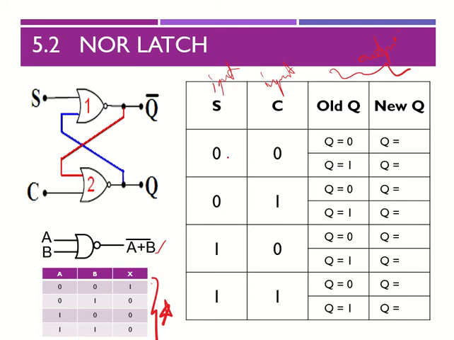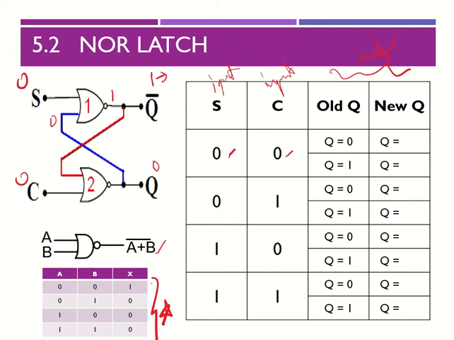So let's go for 0 0. You're going to have a 0 over here, a 0 over here, and you're going to have Q equal to 0. According to the rule I mentioned, Q is supposed to be not the same as Q bar. So whenever there is a 0 over here, here will be 1. So your 0 is going here. According to this, when it's 0 0, this value will be 1.